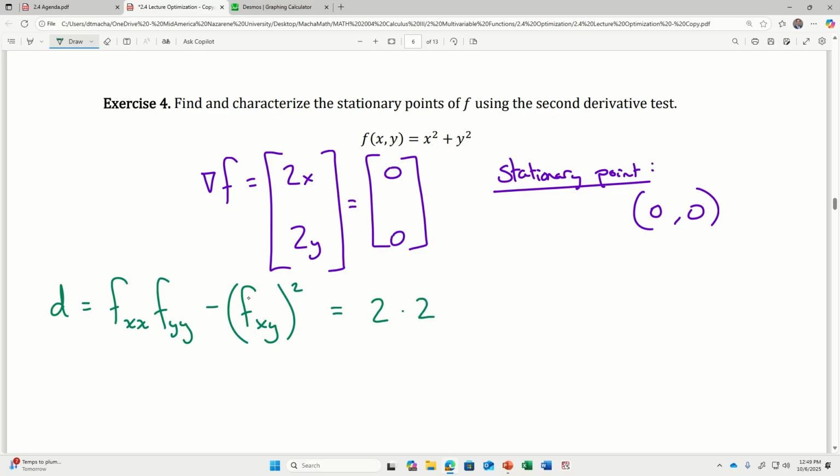And if I were to take a partial derivative with respect to x and y, that mixed partial would be 0. So this is 4. So d is greater than 0. What about fxx? That's 2. So that is also positive.